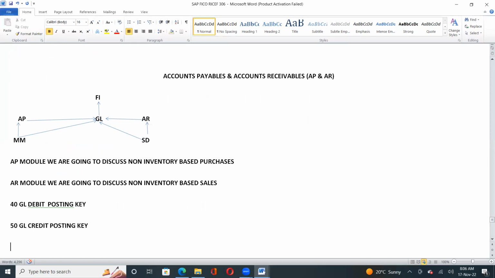This is the posting key for the GL module, which we already discussed.